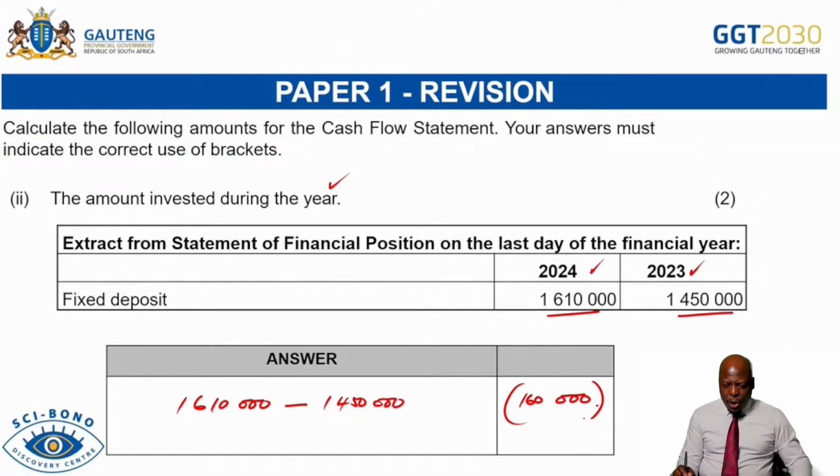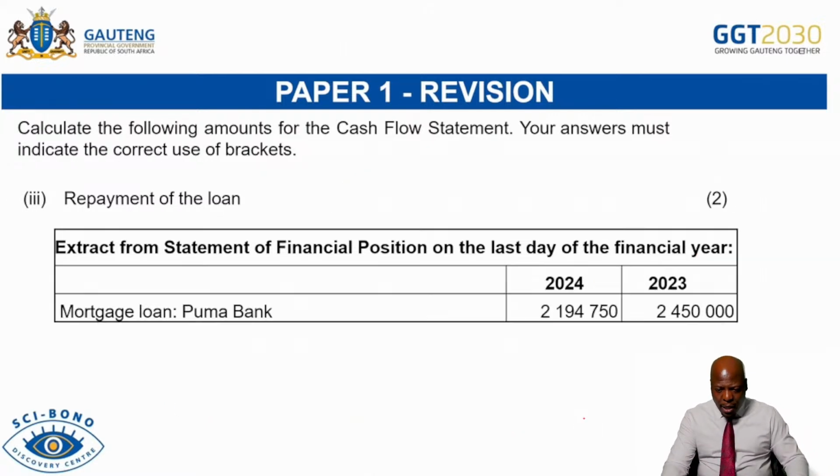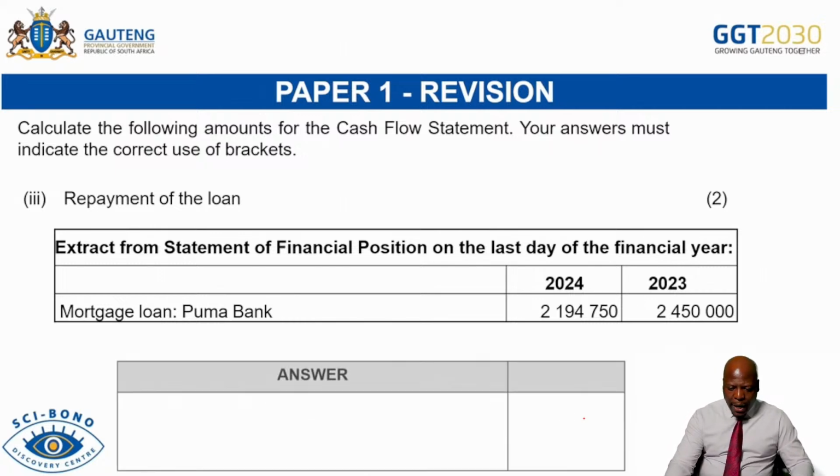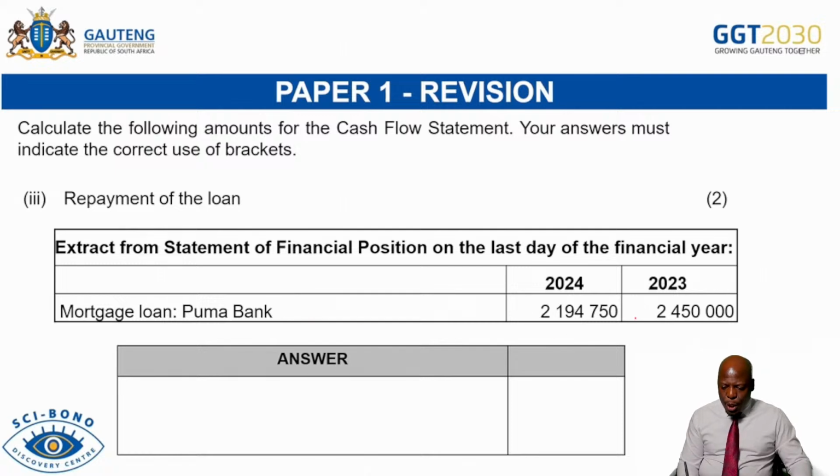Okay, I'm going to move on to the next aspect, repayment of loan. You are given in 2023 that the loan was 2,450,000. In 2024, it's now 2,194,750. That shows a decrease in the loan, which means indeed the loan was repaid.